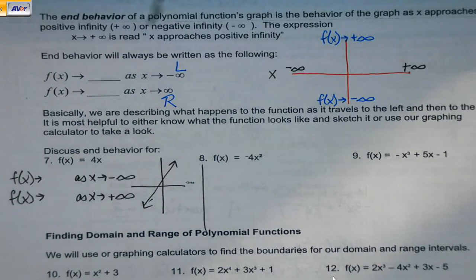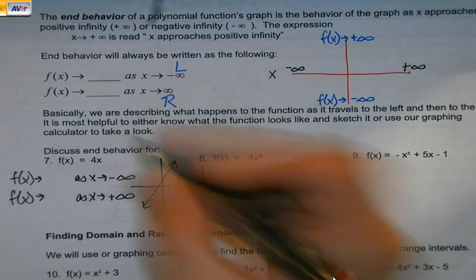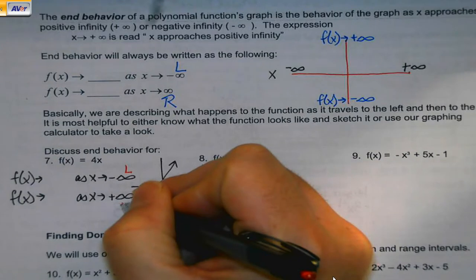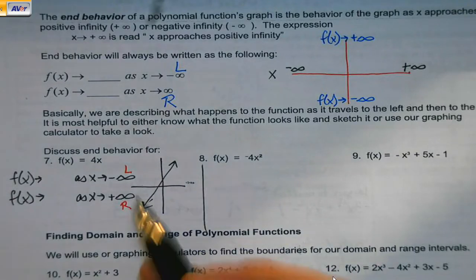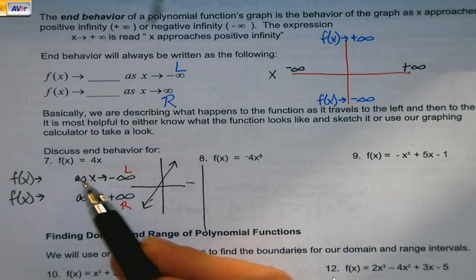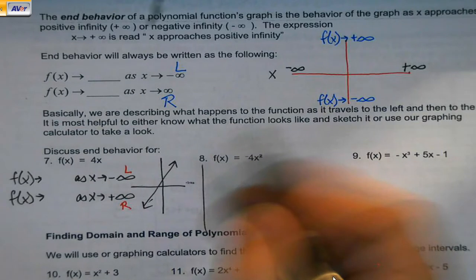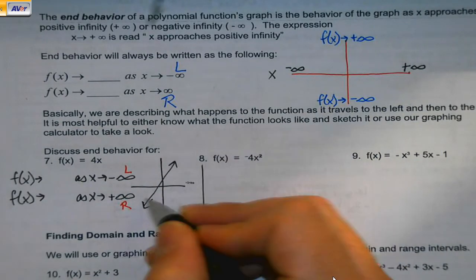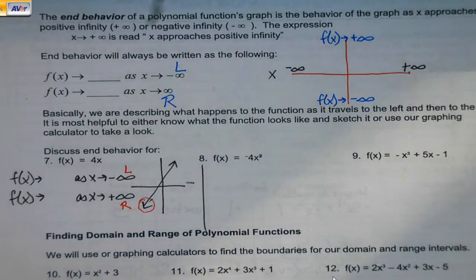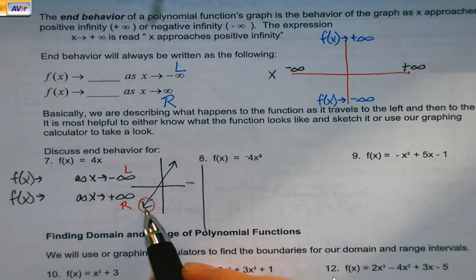Once I get this written, like we did up here, I'm just going to put my L and R in here to get me thinking about it. But here's the other thing I'm going to do. Remember, this says as x goes left. So I'm going to look on my graph and find the arrow that's on the left. I'm going to circle that arrow first. Is this arrow going up or down?